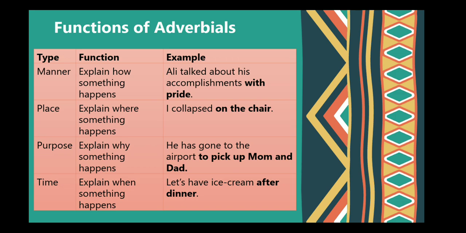It can be an adverbial that tells us about the purpose, explain why something happens. He has gone to the airport to pick my mom and dad. It can be adverbials of time. It explains when something happens. Let's have ice cream after dinner.